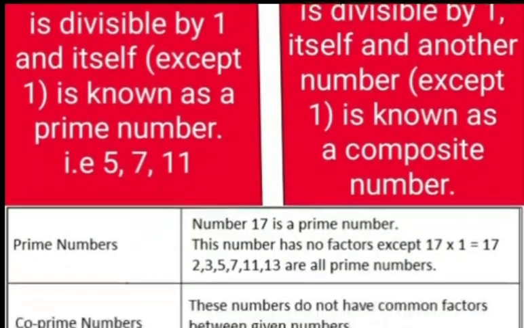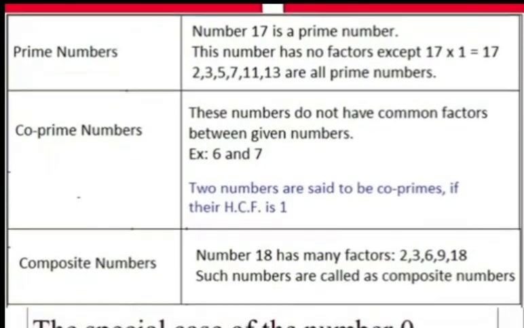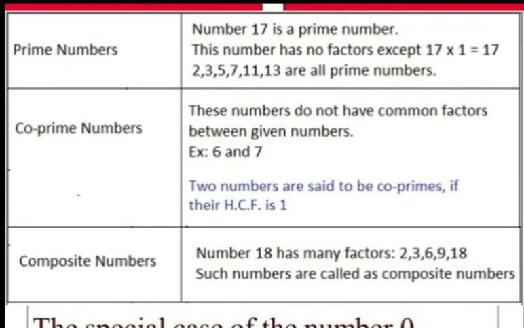Now, let us try to understand about coprimes. If you consider any two numbers and if their common factor is only 1, then they are said to be coprimes.